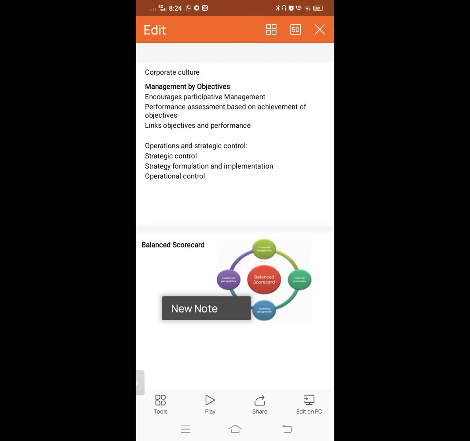Now, coming to the evaluation techniques for the operational control, it's more or less related to internal analysis. We had seen the VRIO framework or the value chain analysis, where the financial and the non-financial attributes were dealt with. So when it comes to internal analysis, the focus should be on meeting the ends. Meeting the ends means satisfying the customer and deriving the profits.